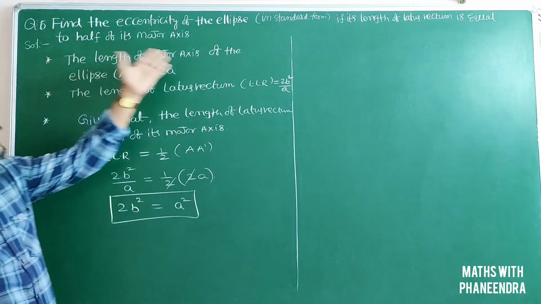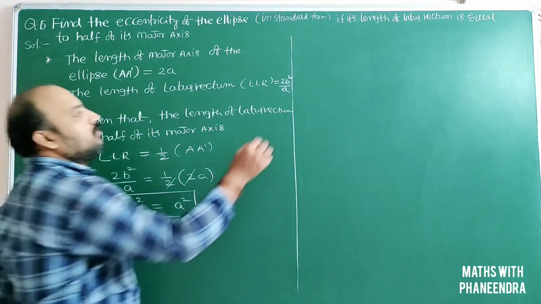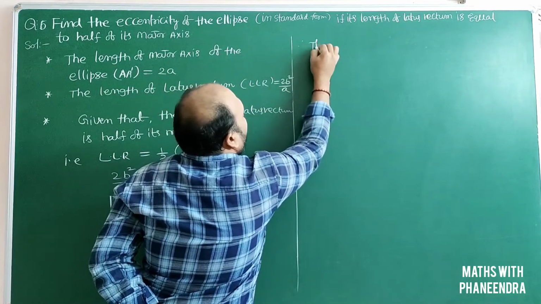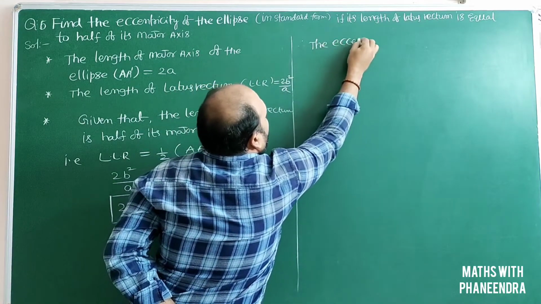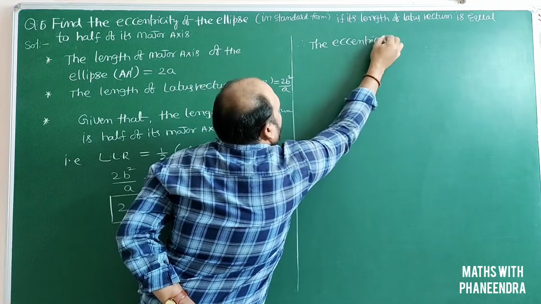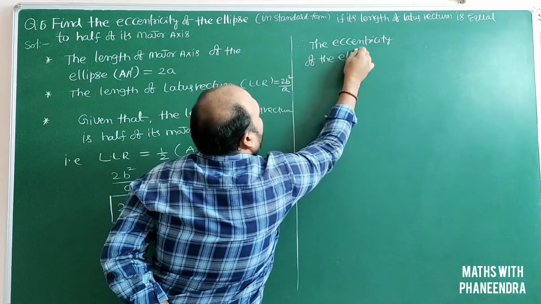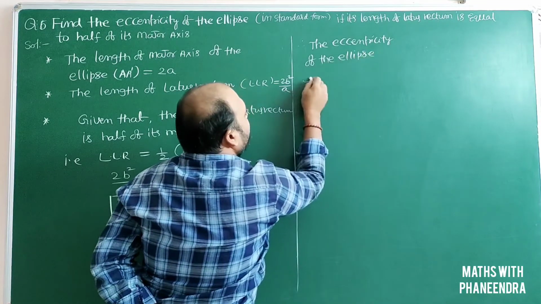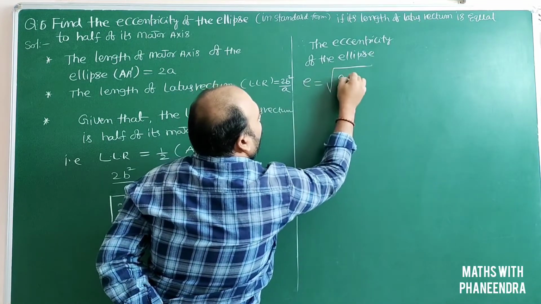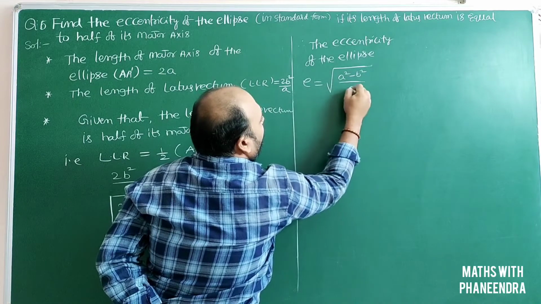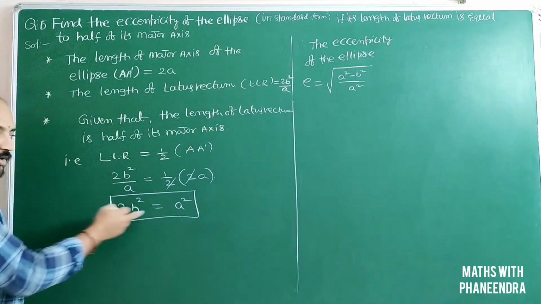They are asking to calculate eccentricity. Therefore, the eccentricity of the ellipse is equal to square root of a square minus b square by a square. What is a square value here? 2b square now.